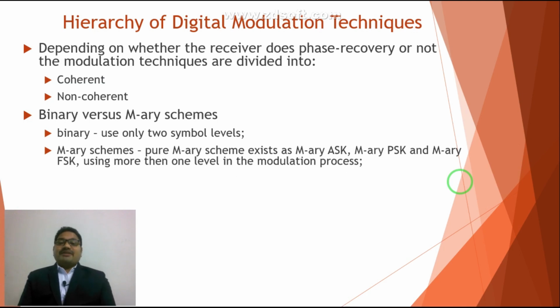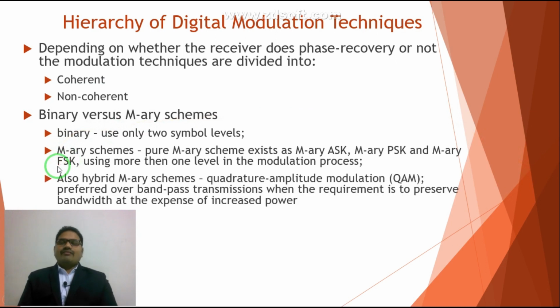For that, a special class is there, that is M-ary ASK, M-ary PSK, and M-ary FSK. Also, there is a hybrid M-ary scheme, that is quadrature amplitude modulation, called QAM. It is preferred in order to preserve bandwidth. Usually it takes less bandwidth, but at the expense of increased power.